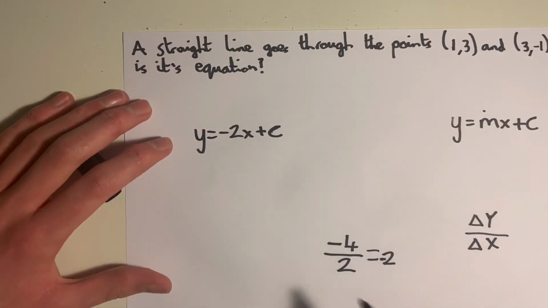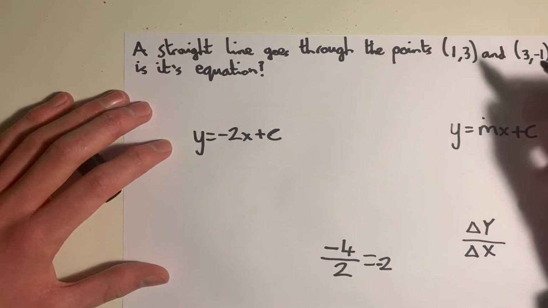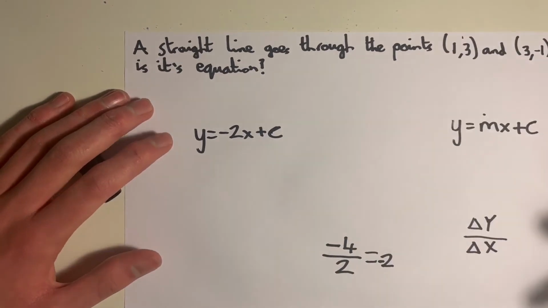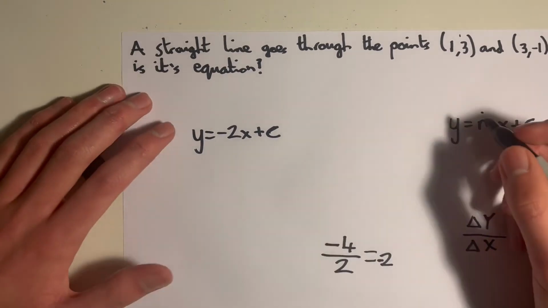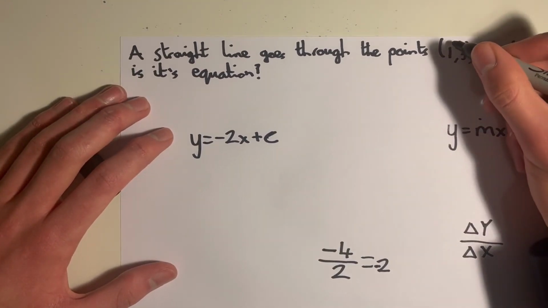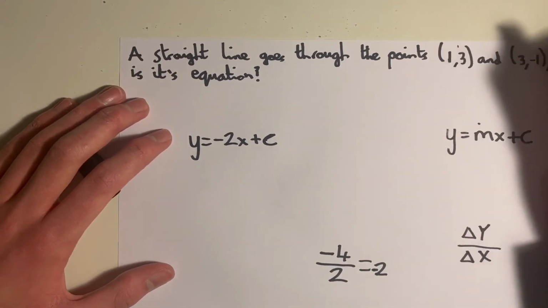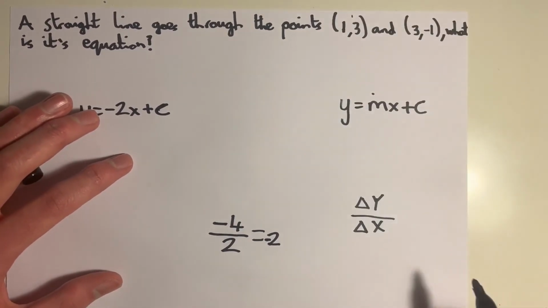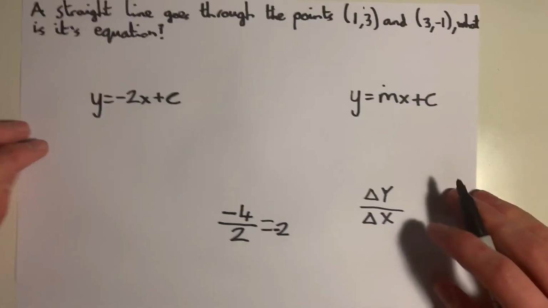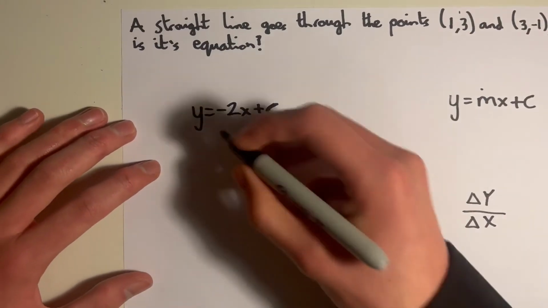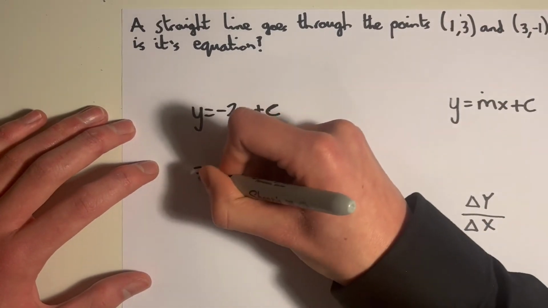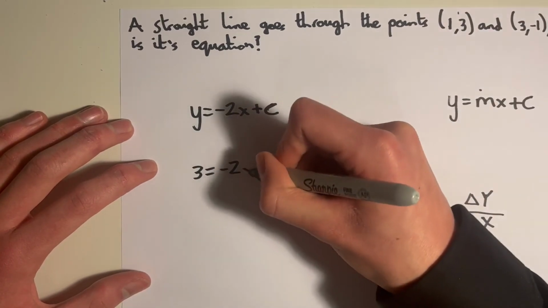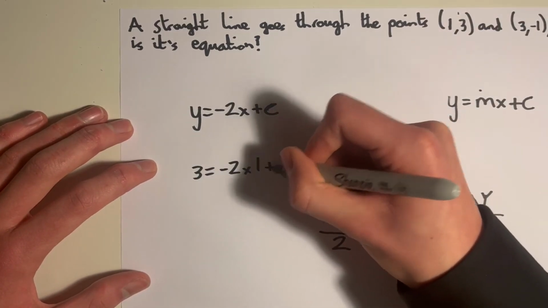And then we can sub in the coordinates from one of the pairs of coordinates. We'll do this one, you can do that one as well, it doesn't really matter, as long as you use the x coordinate and the y coordinate of that one, or the x coordinate and the y coordinate of that one. Don't go the x coordinate of this one and the y coordinate of that one. So we use this one, so the y is 3. 3 equals minus 2 times 1 plus c.